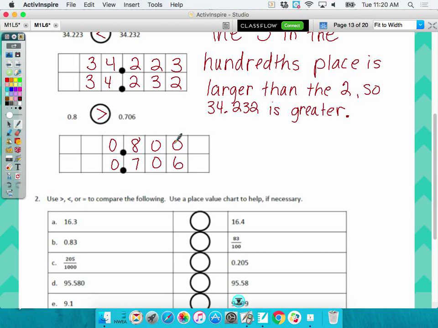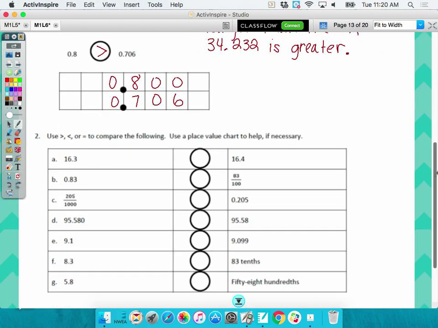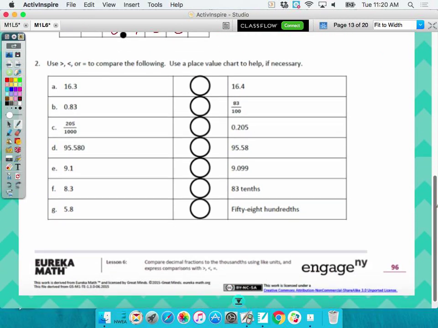All right, those are some strategies I want you to use when you come across problems you don't know. Now, here's something interesting. It says use a place value chart to help if necessary. So get it ready because there are a few. Do you remember what I said about your test? Everyone stop and look at me.